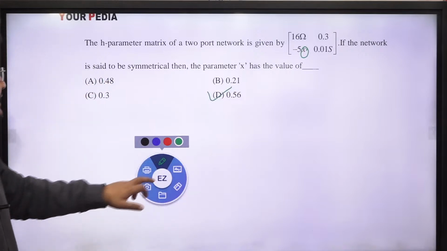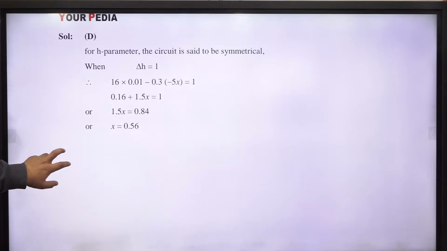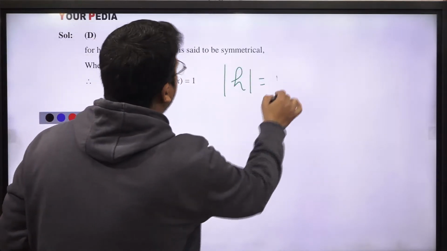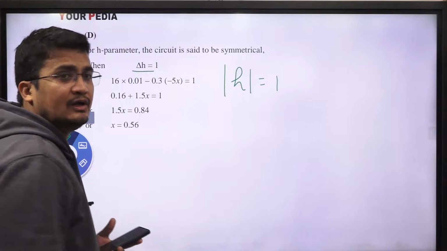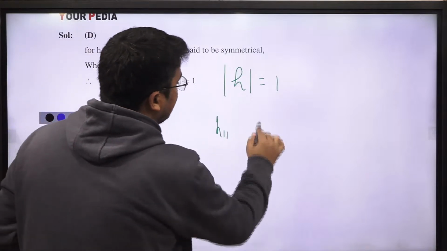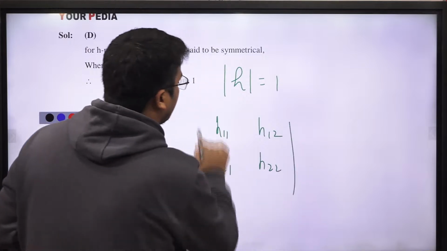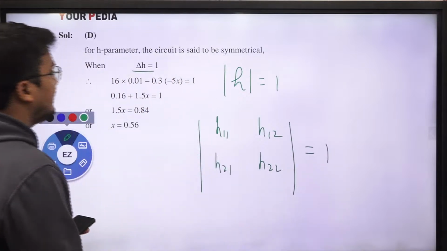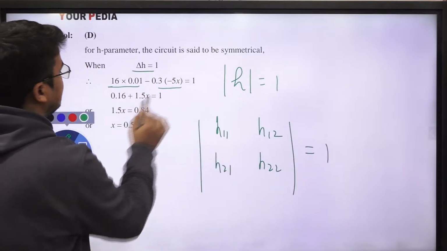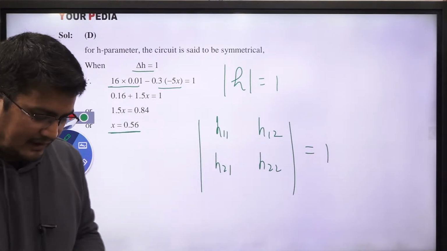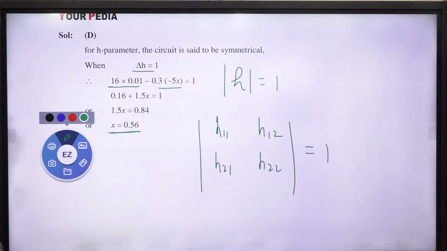You might have studied that for a symmetrical two-port network, the condition in terms of the h parameter is mod of h, if you remember, is equal to 1, or the determinant of h is equal to 1. What is h? h11, h12, h21 and h22. Take the mod of this and equate it to 1. You will end up getting this only, right? So x is equal to 0.56. Agreed or not? I hope you all are clear with this, right? Can I move ahead? Come up, please. Can I move ahead?